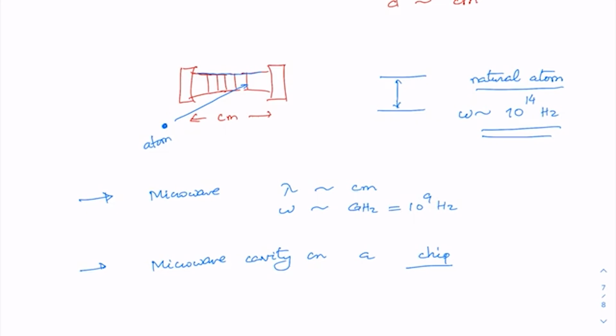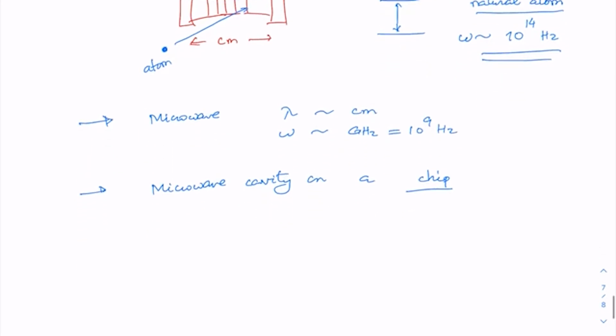And we can actually get a microwave cavity by using the so-called transmission line. So if we use a transmission line, we'll be able to get a microwave cavity.